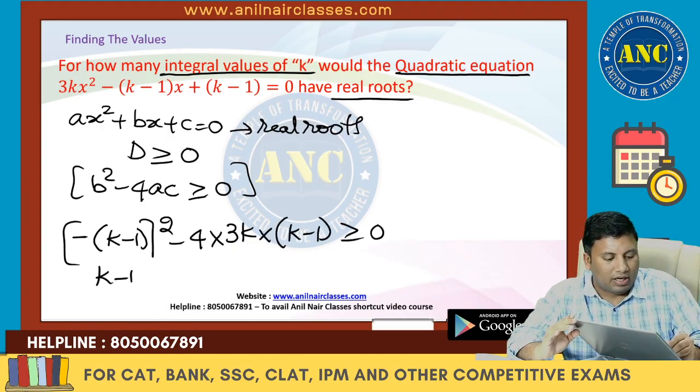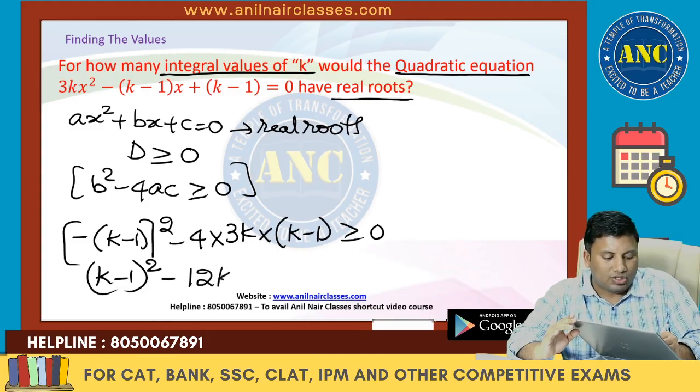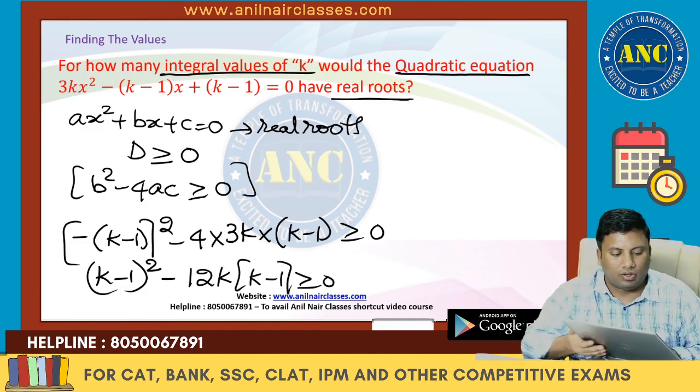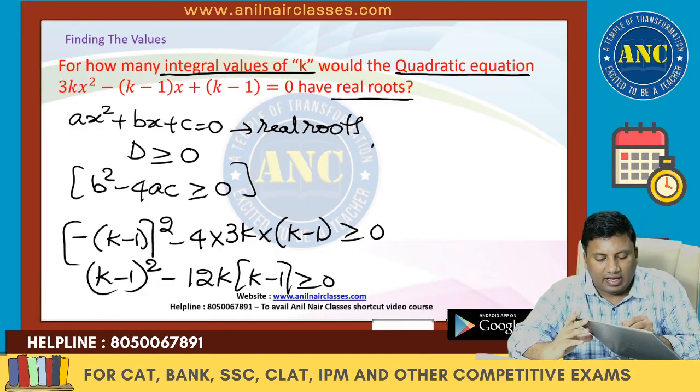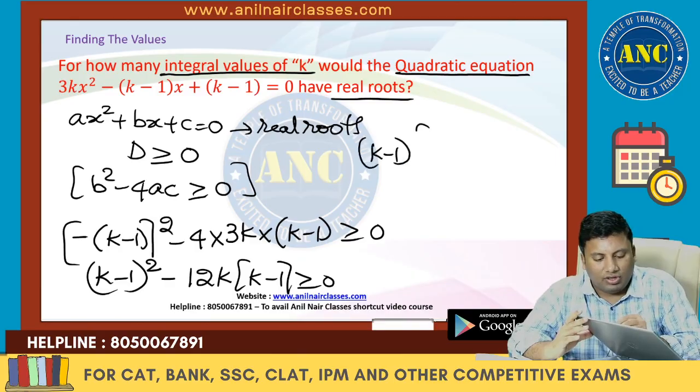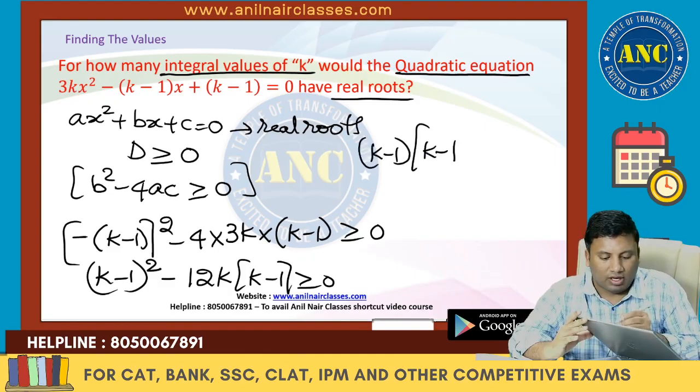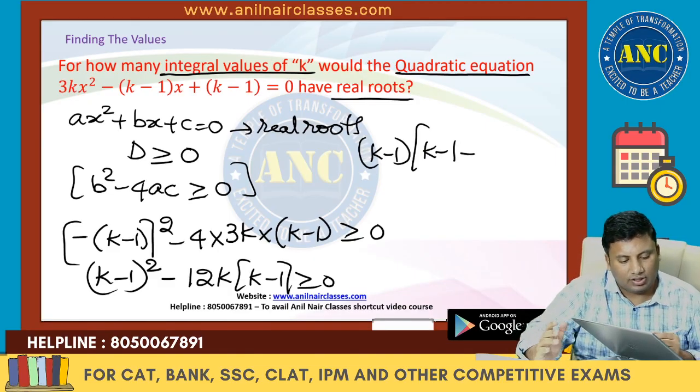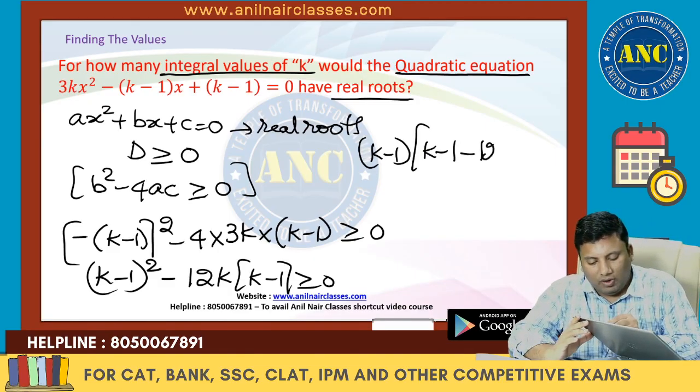This is nothing but (k minus 1) square minus 12k into (k minus 1) greater than or equivalent to 0. So if I take k minus 1 common, this will be (k minus 1)(k minus 1 minus 12k) greater than or equivalent to 0.